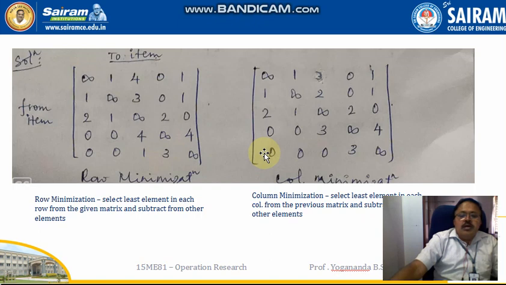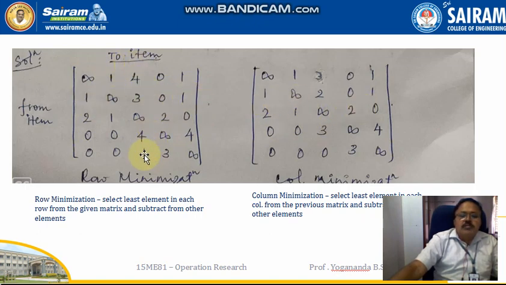Then column minimization. From the row minimization matrix, in each column, take the lowermost element and subtract it from the remaining elements. So the first column, second column, fourth column and fifth column we already have zeros, so they remain the same.